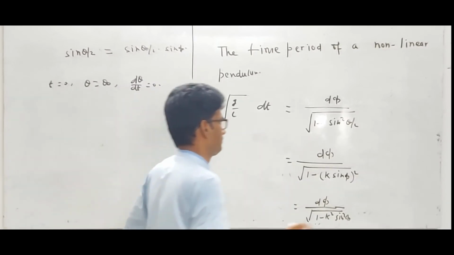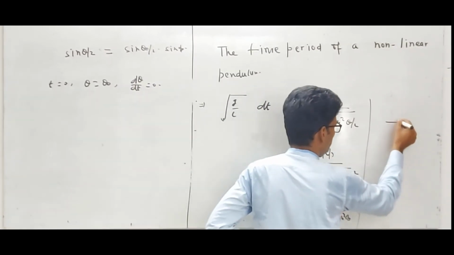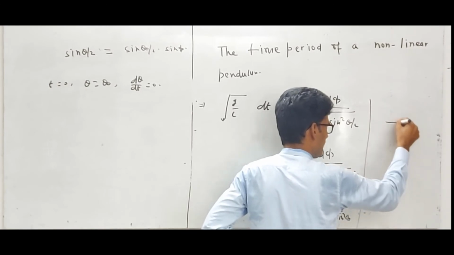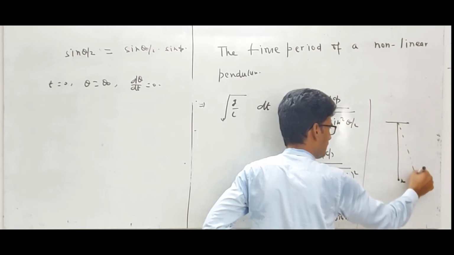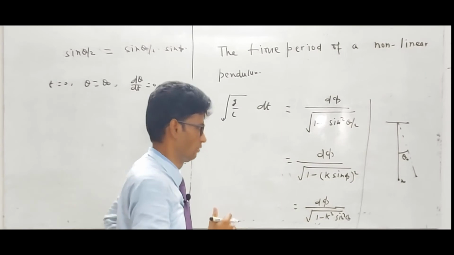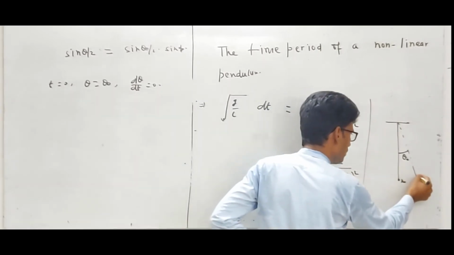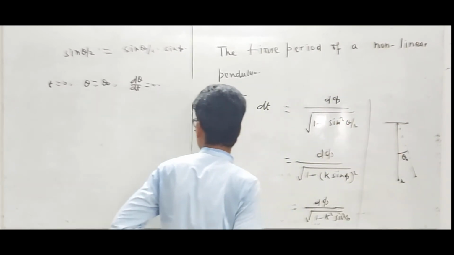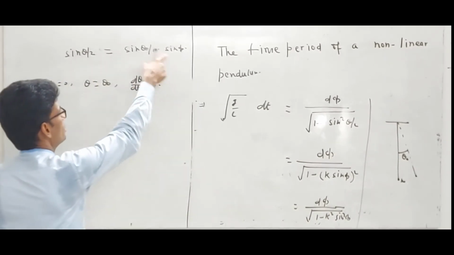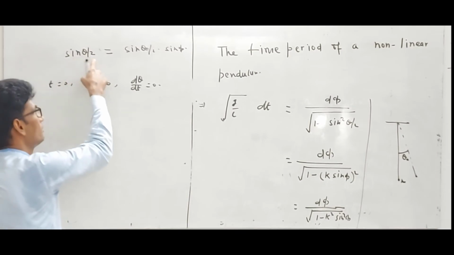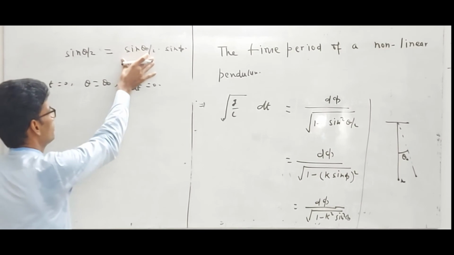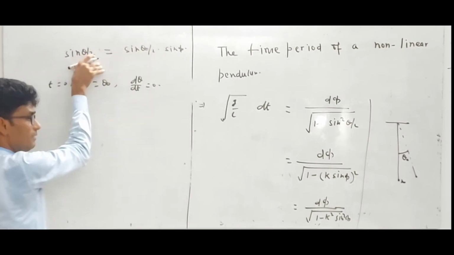Look at here. This is our pendulum. This is the peg, bob of mass m. So we have displaced this pendulum, say at angle theta naught. So here is the theta naught. If theta is equal to theta naught, what will happen there? Then sin phi is equal to 1. How does it come out to be 1? Because sin theta naught by 2 from both the sides is cancelled.